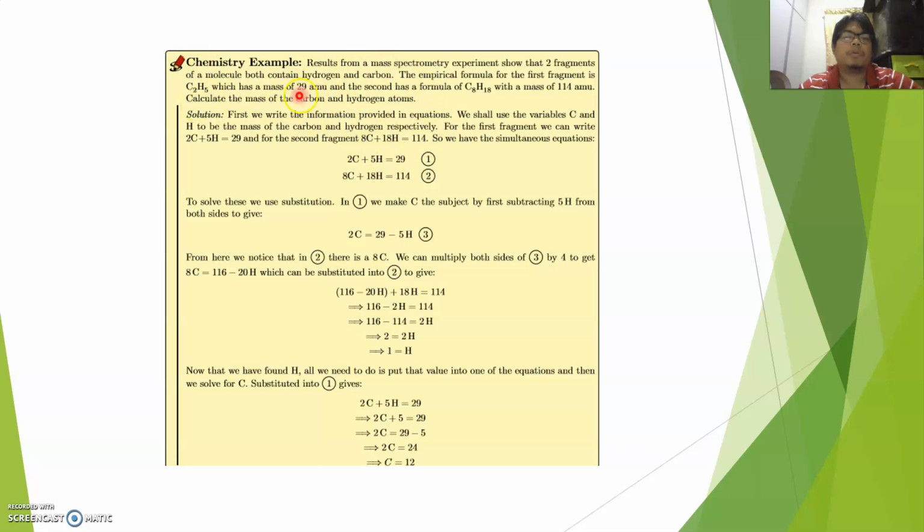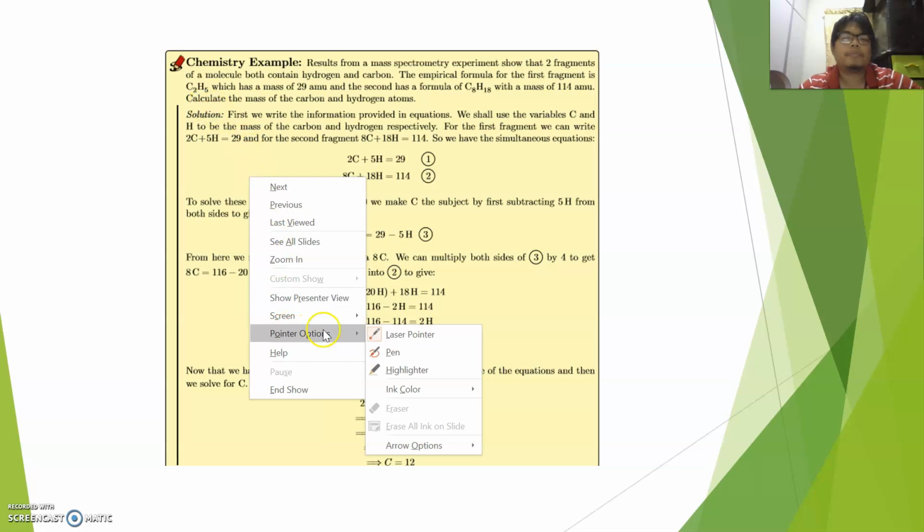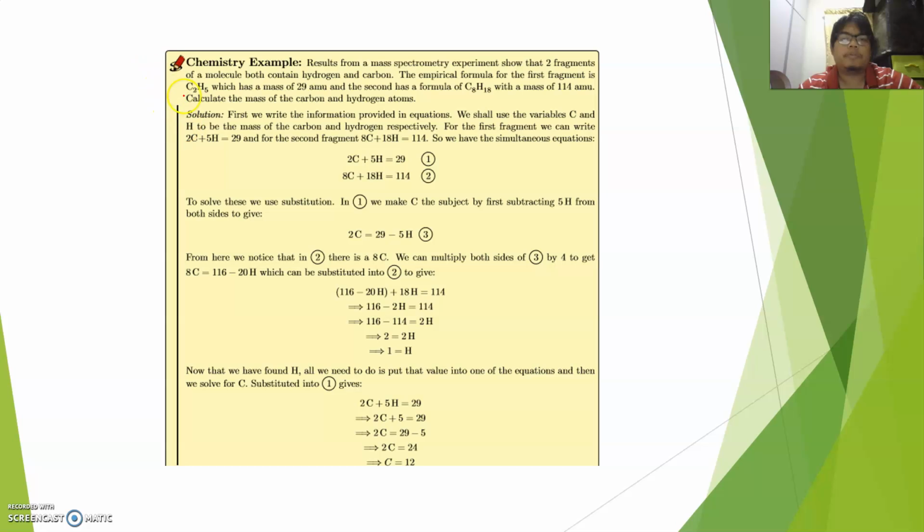So if we have these two equations, we can extract the information from what is given. For example, here is the important information given from questions 1 and 2. We can extract this information and convert it into equations. So now we have 2 carbon, 5 hydrogen, and the mass of this is 29 amu, while the second molecular formula is C8H18.